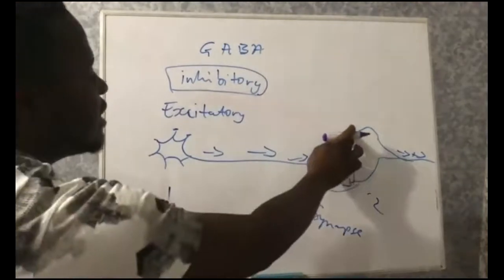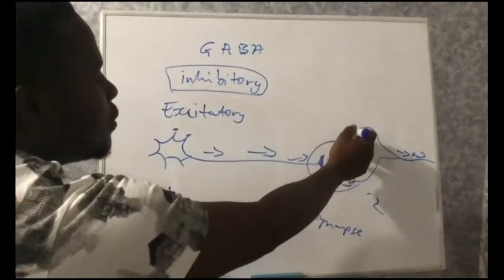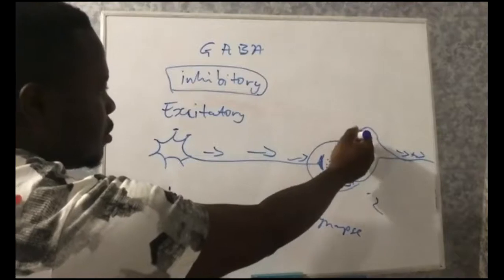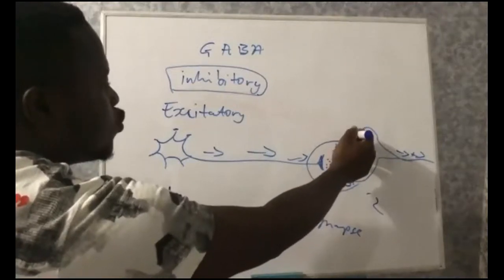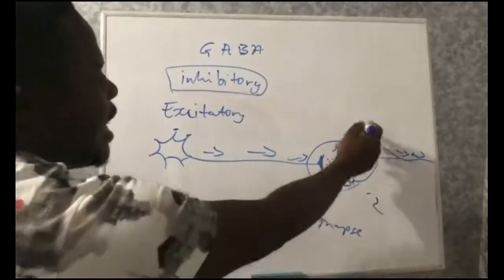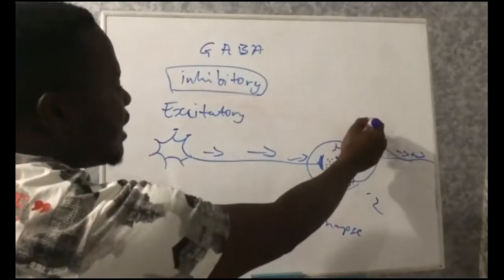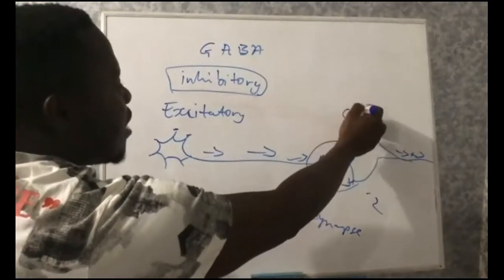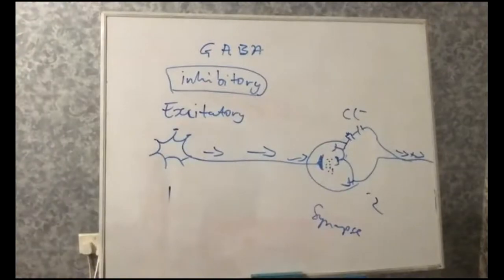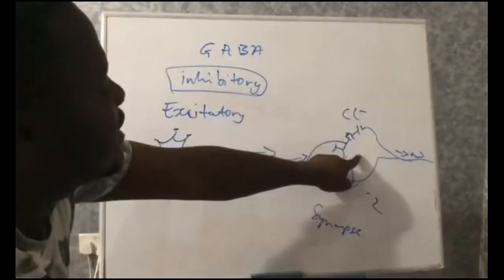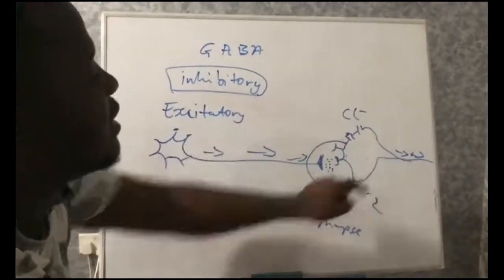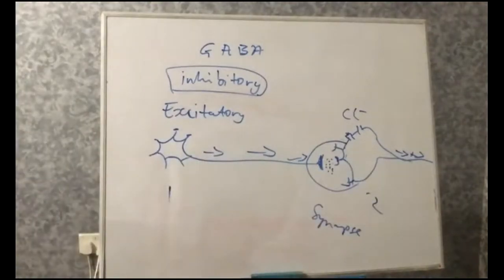Now, what GABA does is that it will bind to a receptor and then open some ion channels. Those ion channels are usually chloride ion channels. Once this chloride gets inside, it inhibits the second neuron. So it's quite simple.